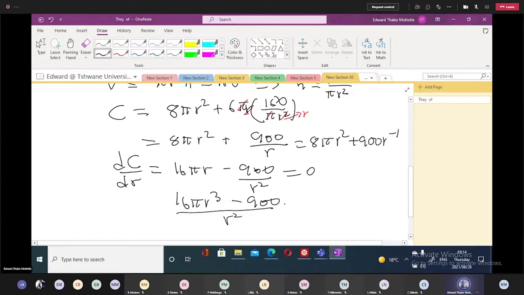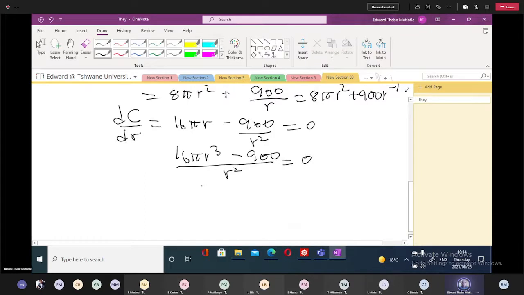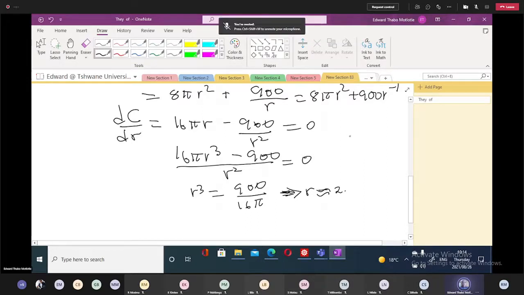We are not interested in r squared, r equals 0. So it means that r cubed is equal to 900 over 16 pi. Then we take the cube root. This implies that r is approximately 2.62.